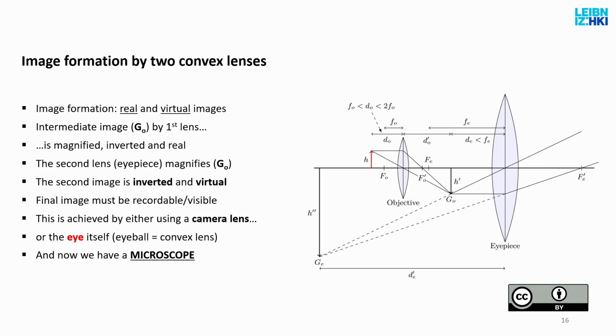And I use a second lens to observe this. Or I put a second lens in front of a camera. And if I continue the drawing, I will see that now I have a second image, which is much bigger than the first one. It is now virtual, inverted, and magnified.